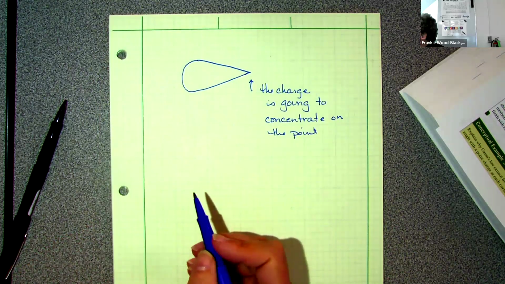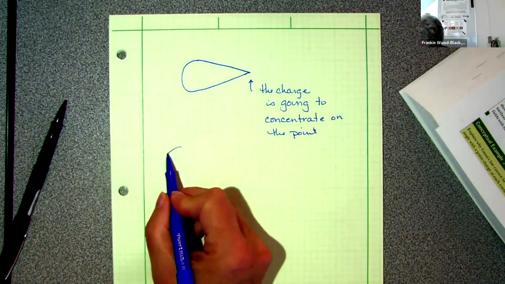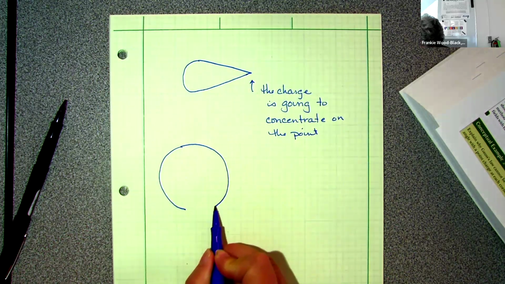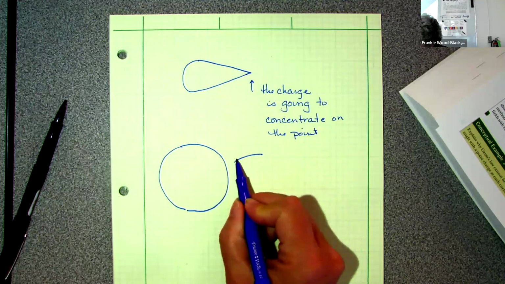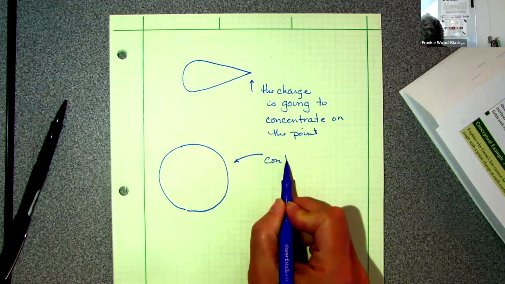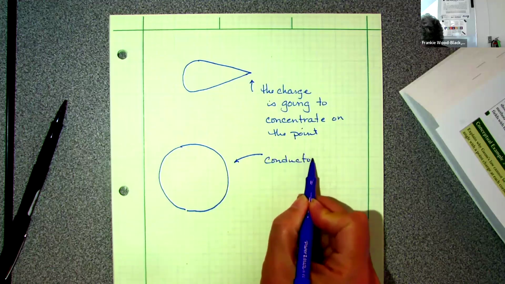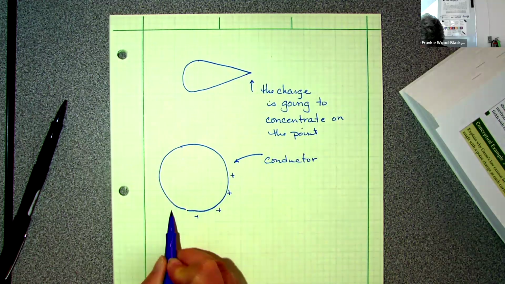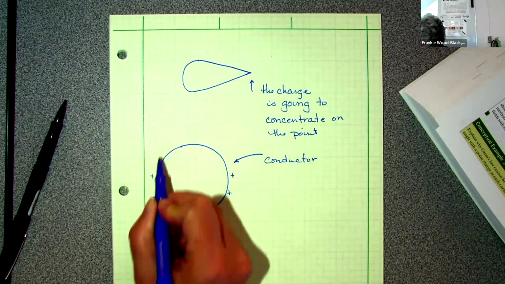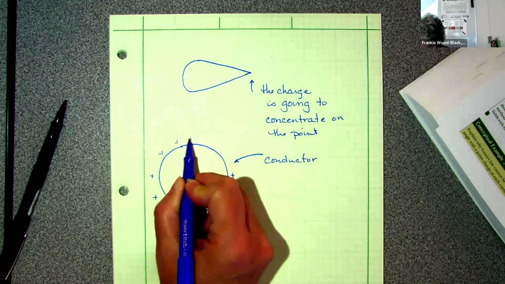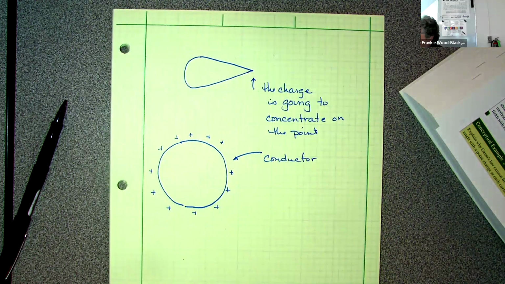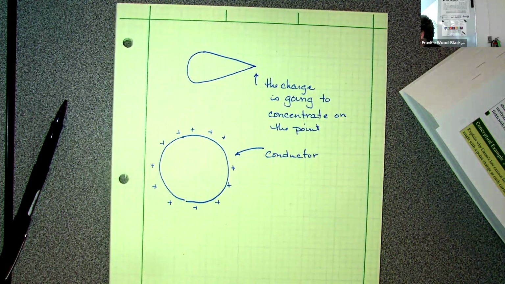Also, if I have a conductor, the charge is going to be on the surface of the conductor. So it's going to give us that charge of the conductor.